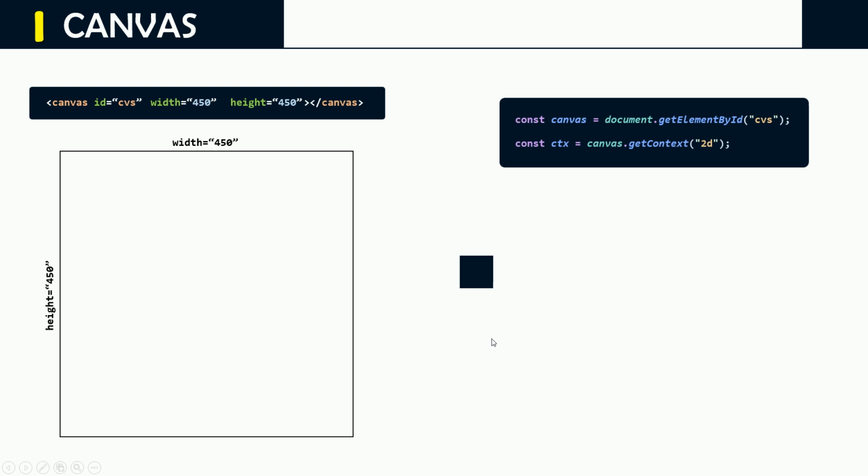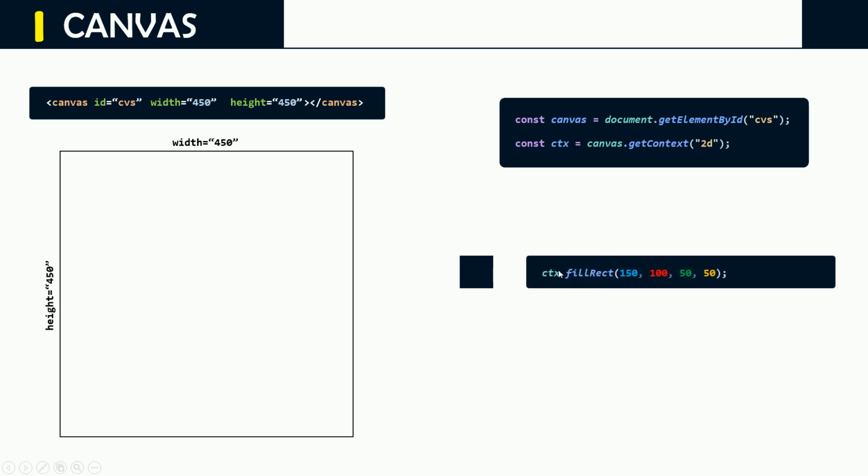To draw a rectangle, you will need to use the fillRect method. It takes in some arguments, which are the x position and the y position. Before that, you need to know that this is the x-axis and this is the y-axis. If you say 150 pixels for x, you're gonna start from the left and take 150 pixels from there.